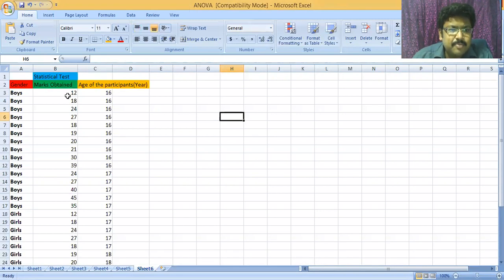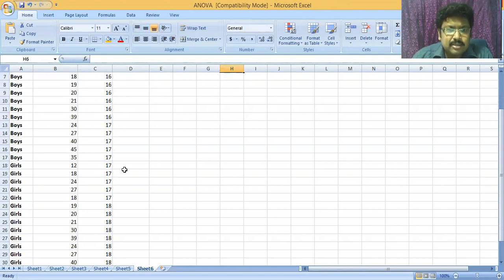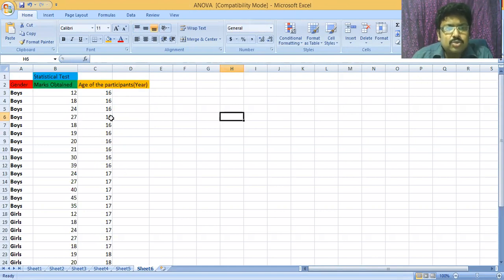This is the data. Their age is also given, and the ages of the participants are 16 years, 17 years, and 18 years. With the help of this example, I try to clarify the one-way ANOVA and two-way ANOVA.